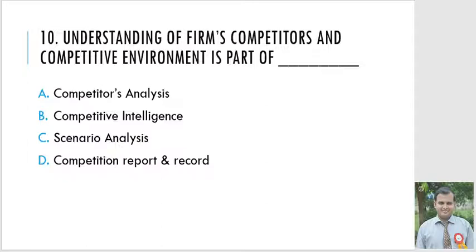You have to write the correct answer in the blank given in the question. There are four options. A is competitors analysis, B competitive intelligence, C scenario analysis, D competition report and record.